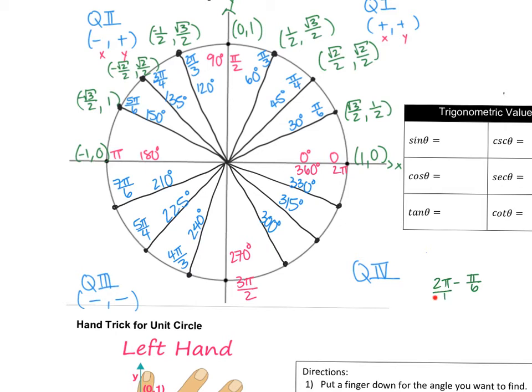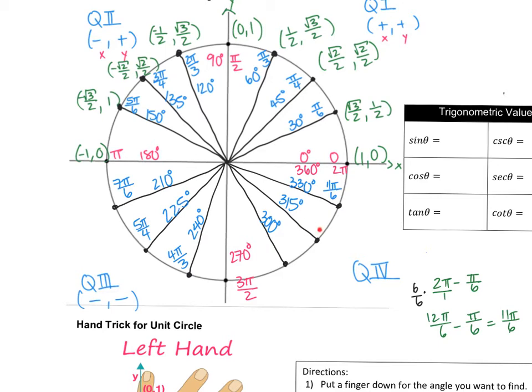So I'm going to put this over 1 and find a common denominator. If I want the bottom to be 6, I need to multiply the top and bottom by 6, which causes it to be 12 pi over 6 minus pi over 6, which is 11 pi over 6. So this angle right here is 11 pi over 6.